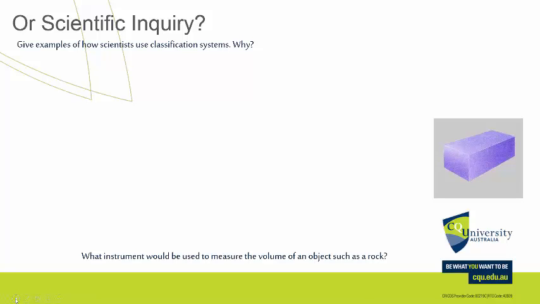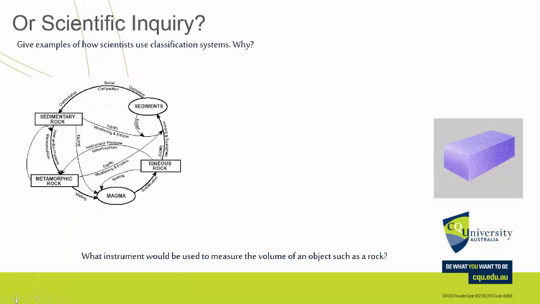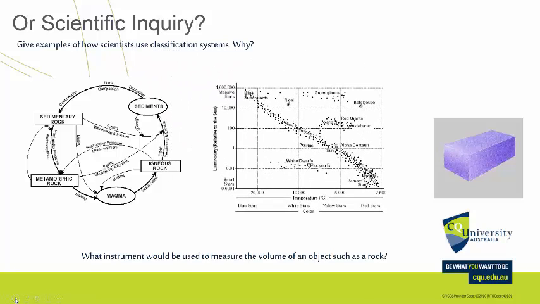We can look, for instance, at a range of techniques that scientists may use, how scientists may classify our natural world. For instance, rocks. Scientists have come up with classification systems for rocks. Why? A very fundamental question. Here is another classification system.